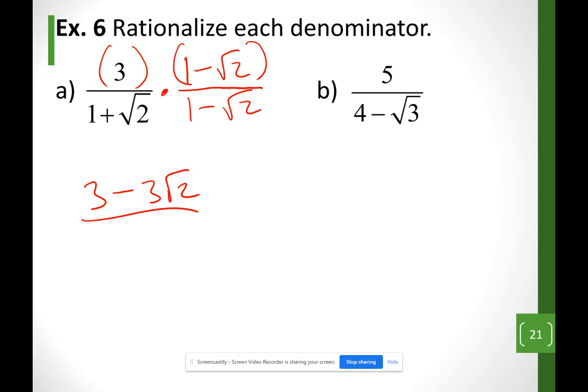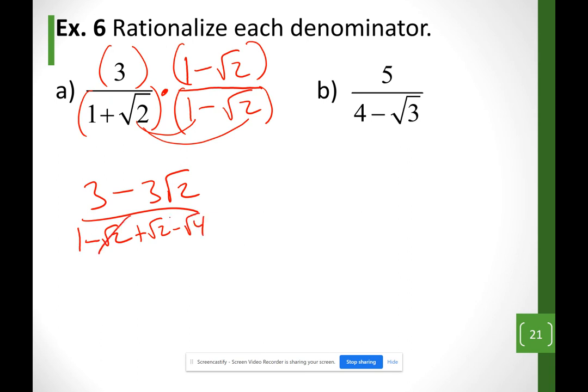Now looking at the bottom, let me start by distributing the 1 from the first parentheses to the second parentheses. So it's going to give me 1 times 1 is 1 minus the square root of 2. Then let me distribute the radical 2. So that's going to give me plus radical 2 minus radical 4.